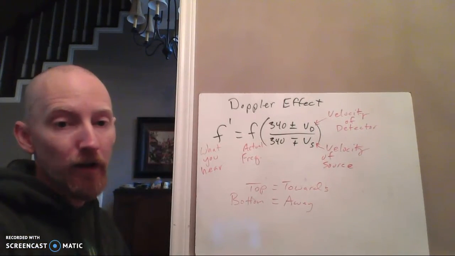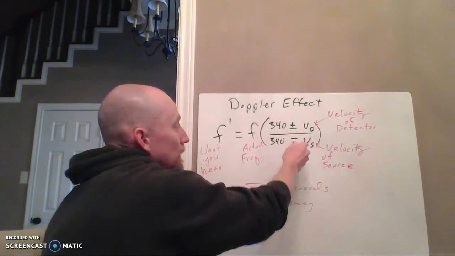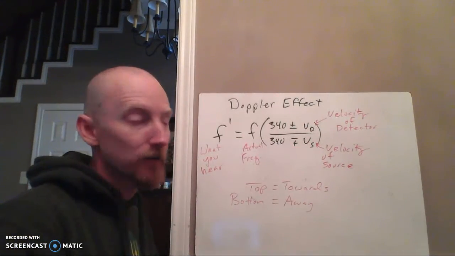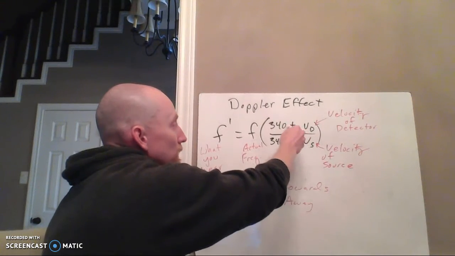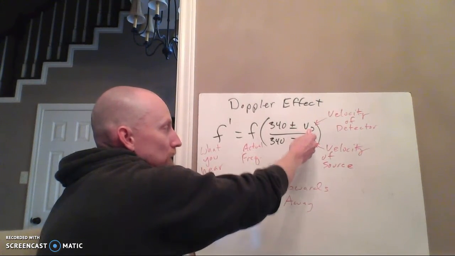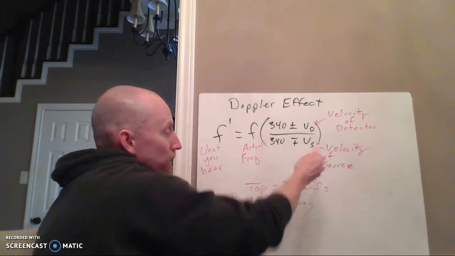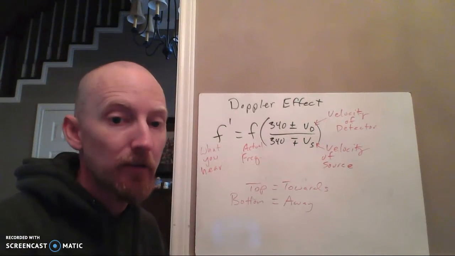Bottom equals away. So you'd use the bottom sign if something is going away from something else. So up here, you'd use the minus sign if something is going away from the detector, and you would use the plus sign down here if something is going away from the source. So this is how these problems work.